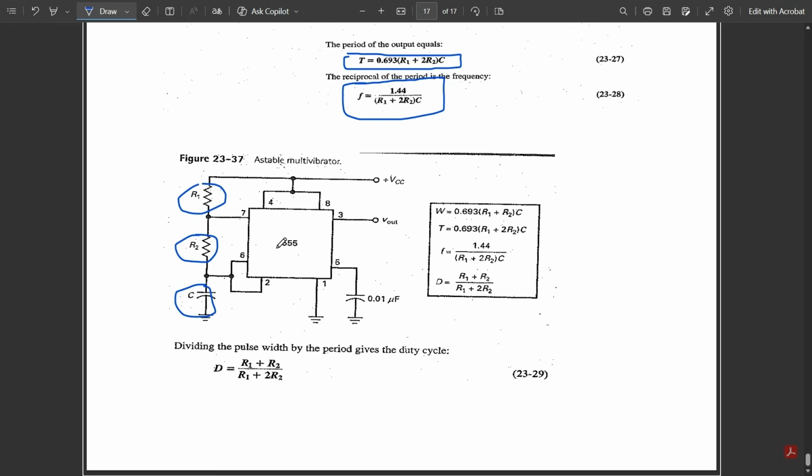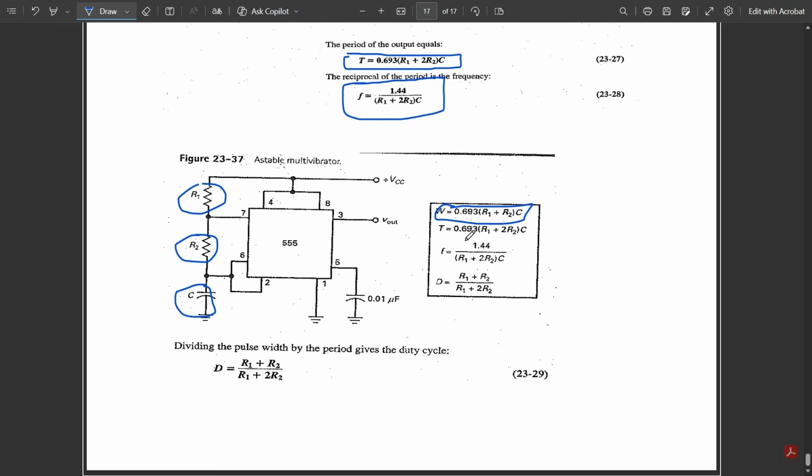Pin 4 and 8 go to VCC, pin 7 is the discharge pin, pin 6 is the threshold pin, and this is the ground pin. From pin number 5 the bypass capacitor is used, and from pin number 3 the output of this astable operation is generated. So here the pulse width is 0.693 (R1 plus R2) into C.